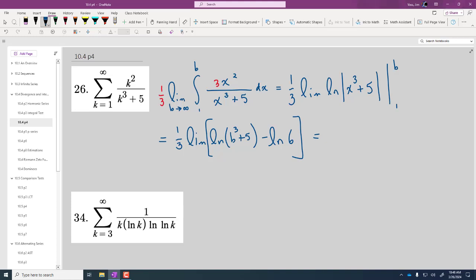And what happens with that limit? Infinity. Therefore, converge or diverge? Therefore, diverge.